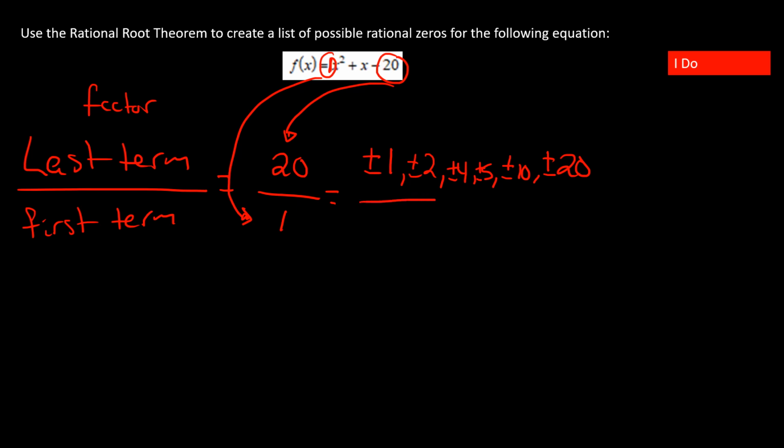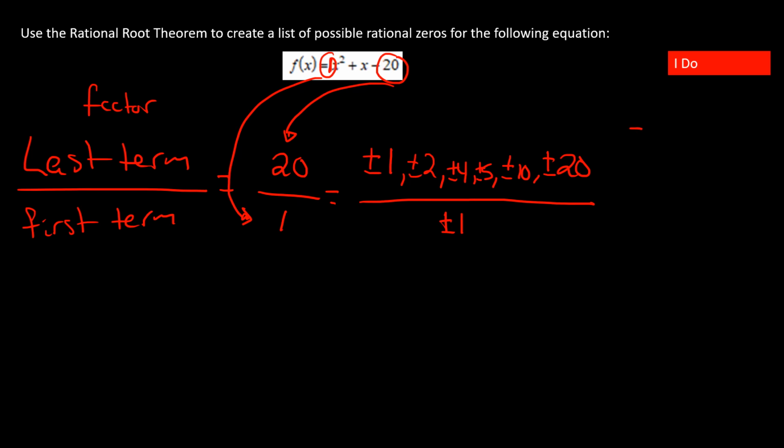And this is all divided by the factors of the bottom number. Well, our factor of 1 in this case is just plus or minus 1. So if we were going to list out all of our possible answers, we'll go from least to greatest, because they're all being divided by plus or minus 1. It doesn't really change the plus or minuses here.